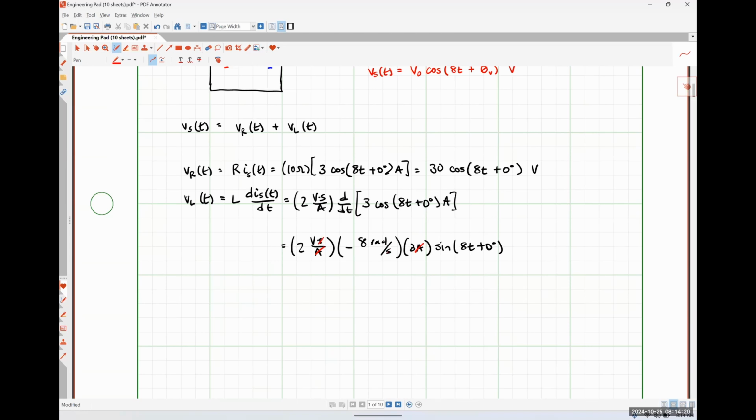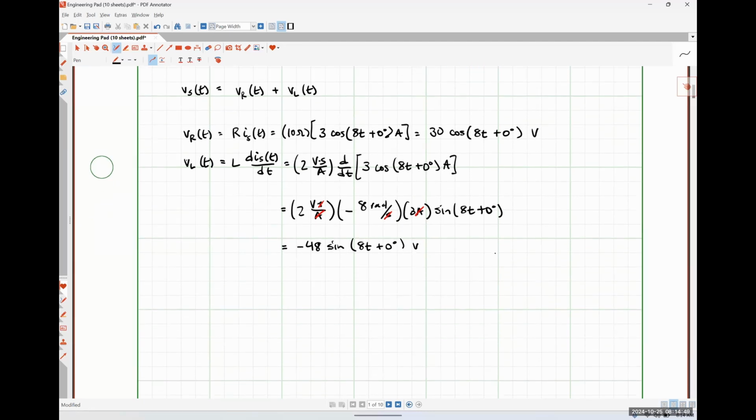Seconds in the numerator is canceled by seconds in the denominator. Radians are a dimensionless quantity, so I can pretty much just throw those away and I just get a voltage. So putting things together, 2 times negative 8 is negative 16, times 3 is negative 48, sine 8t plus 0 degrees volts.